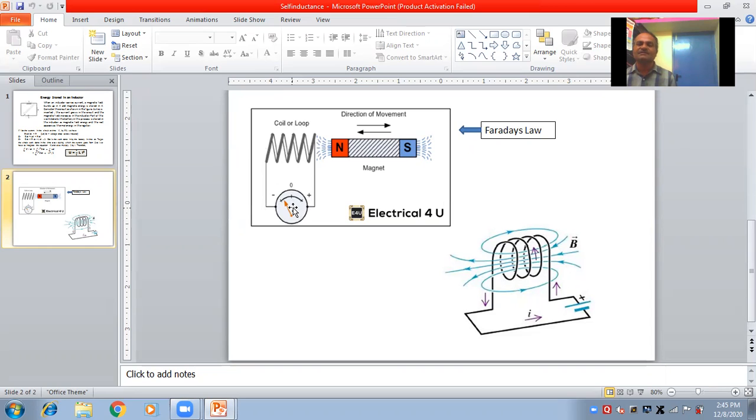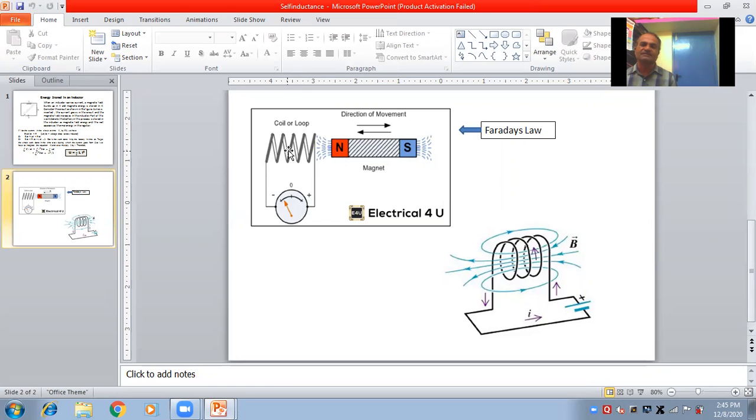This was discovered by Faraday, and it is called Faraday's law. Therefore, the amount of current or EMF induced in the circuit depends upon the rate of change of flux linked with this coil. This rate of change of flux depends upon how fast you are moving this bar magnet either towards the coil or away from the coil.